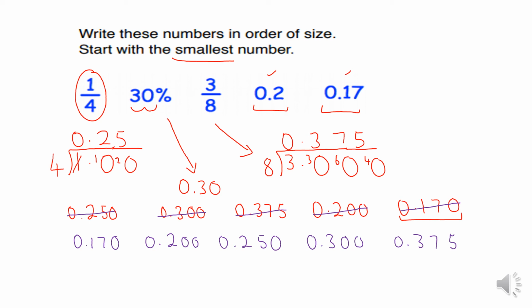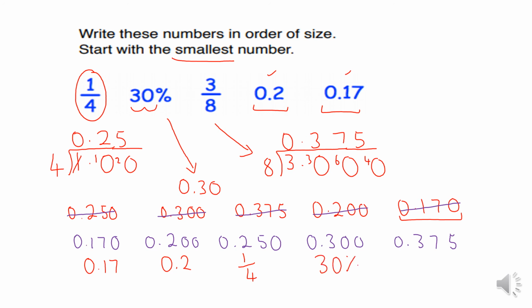Now we cannot accept this as our final answer, because what we need to do is make sure we put them into the original form of the question. So 0.170 was originally 0.17, so we could write it as that. 0.200 was originally 0.2. 0.250, that was the question for 1 quarter, so we could write 1 quarter there. 0.300, that was 30%.